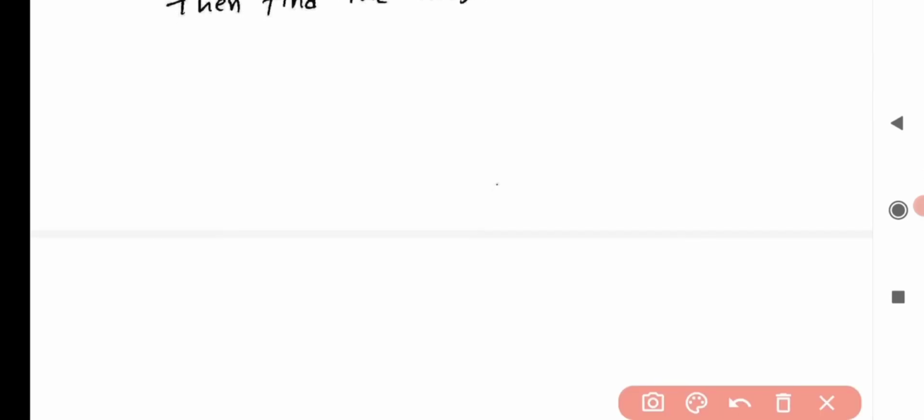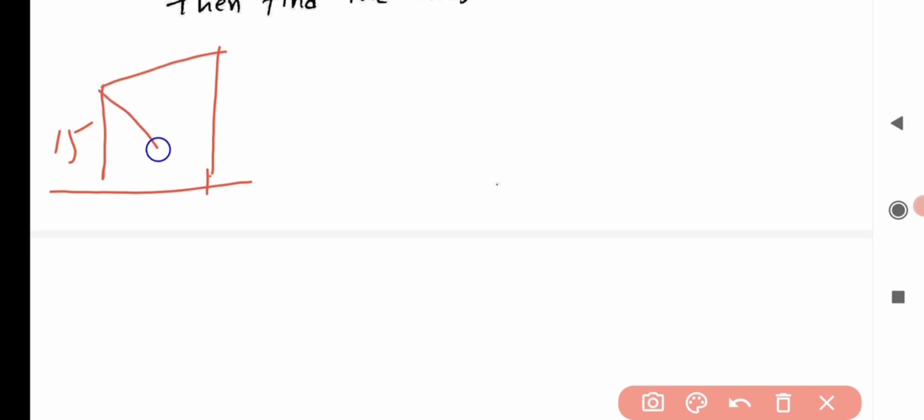So what is the question? A person from the top of a building. So first, building of height 15 meters. This is 15 meters. Observes the top of the cell tower. This is the cell tower, the ground. Observe the top and foot of the cell tower. This is top, this one foot.